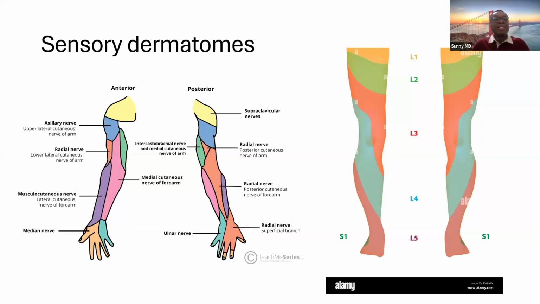So you can see that C5, the axillary nerve, is on the lateral side, and then C6 and 7, and then of course you've got C8 and T1 down. So if I am testing in the exam, I'll test the shoulder or deltoid area.